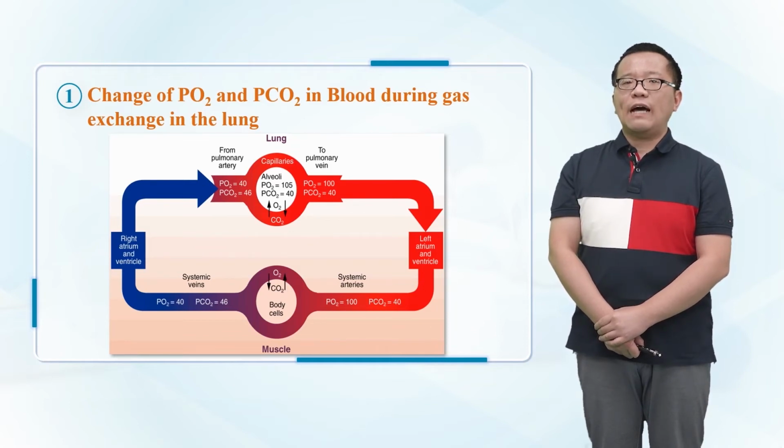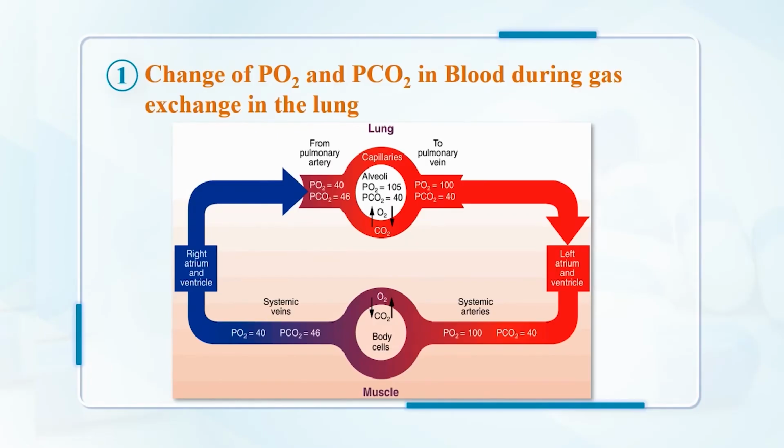After exchange in the lungs, in systemic arteries, the pressure of oxygen is 100 millimeters of mercury and the pressure of carbon dioxide is 40 millimeters of mercury. After exchange in tissue or cells, in systemic veins, the pressure of oxygen is 40 millimeters of mercury and the pressure of carbon dioxide is 46 millimeters of mercury.